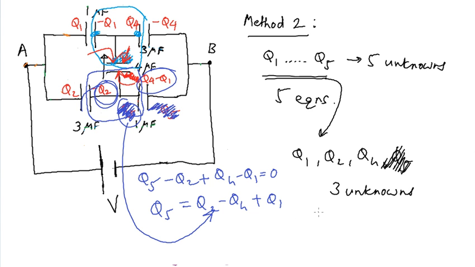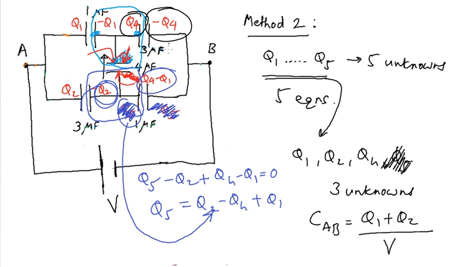And finally, of course, the capacitance between terminals A and B is going to be like before, Q1 plus Q2 divided by V. And so what I'm essentially saying here is, by renaming the capacitor charges as Q4 and minus Q4 and Q5 and minus Q5 on this capacitor, we are essentially not changing anything substantial in the solution.